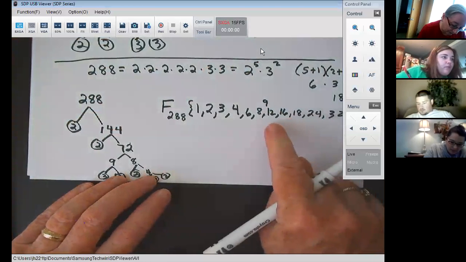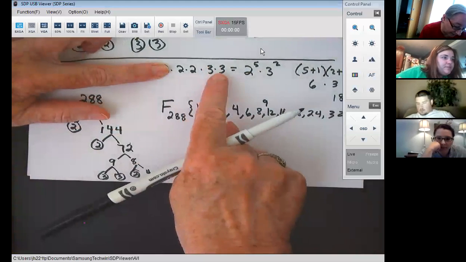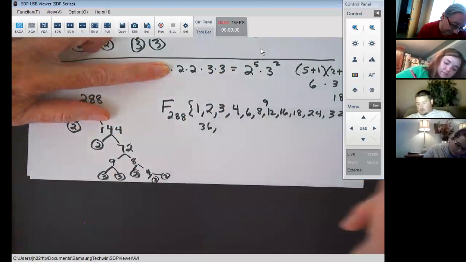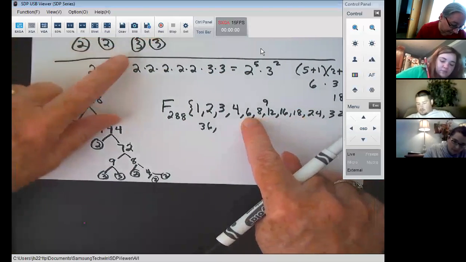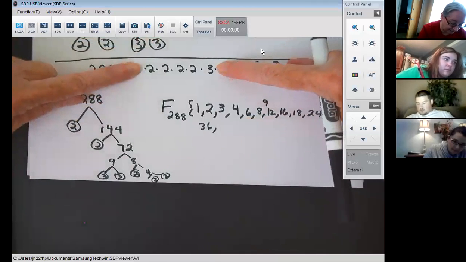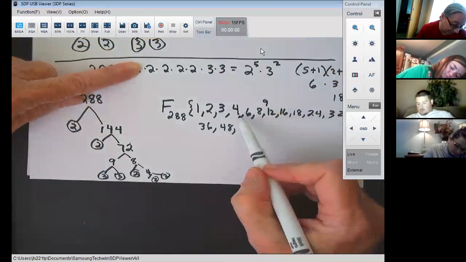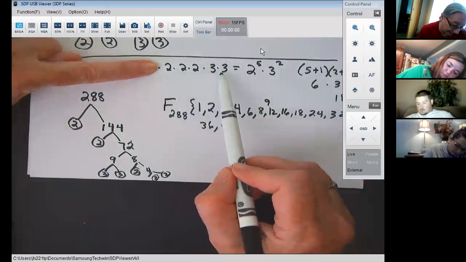And then if we do 8, that would be 3 of the 2s, so that gives me 4 times 9, which is 36. And then if we did 6, that would be a 2 and a 3, so that gives me 16 times 3, which is 48. And then if we did 4, that would be covering up 2 of those, so we get 8 times 9.